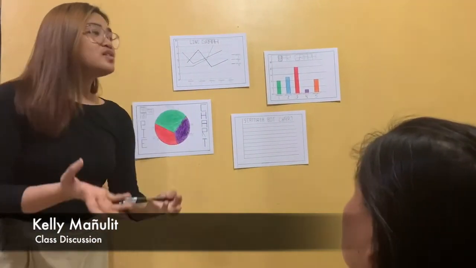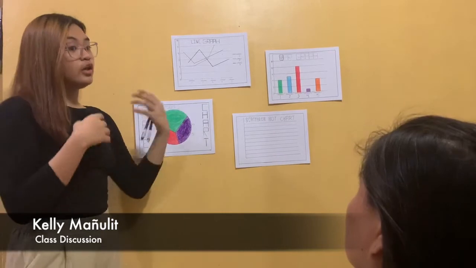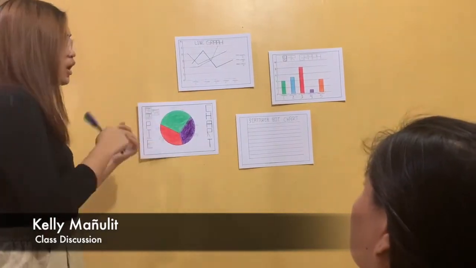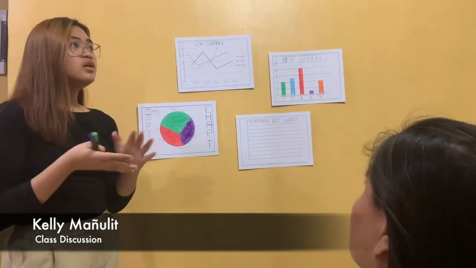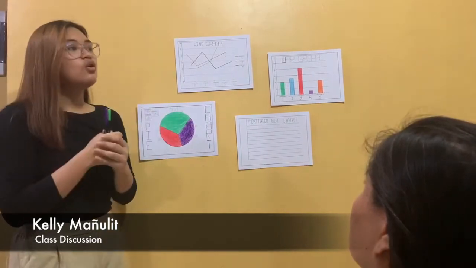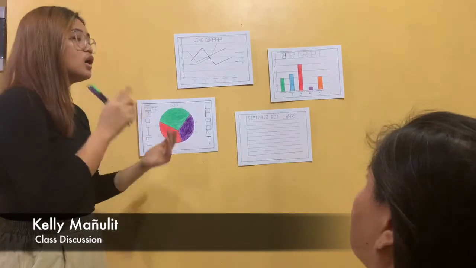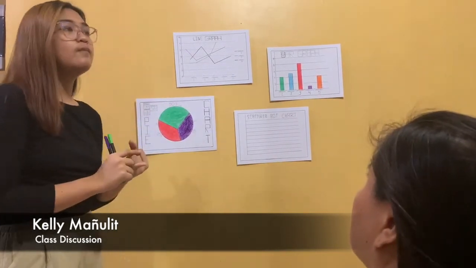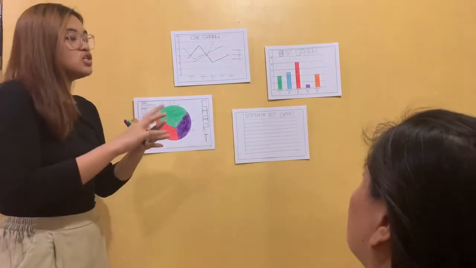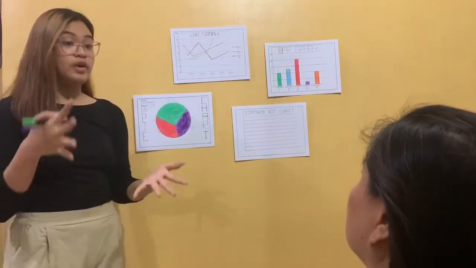When we talk about statistics, we also talk about graphs. Graphs are the visuals or visual pictures that represent changes, growth, or deficiencies of a specific category over a period of time.